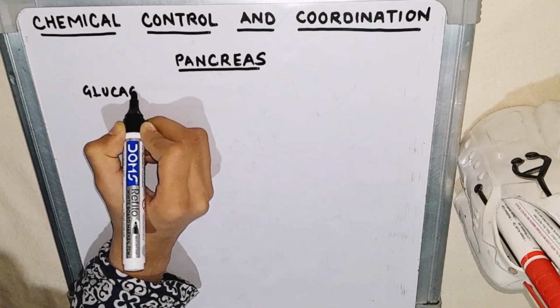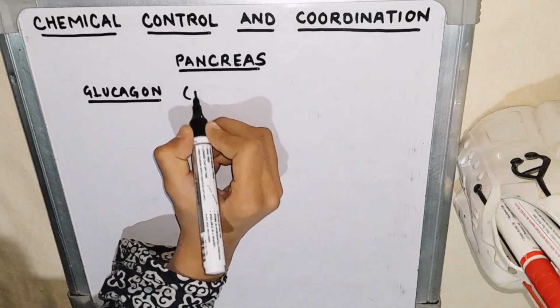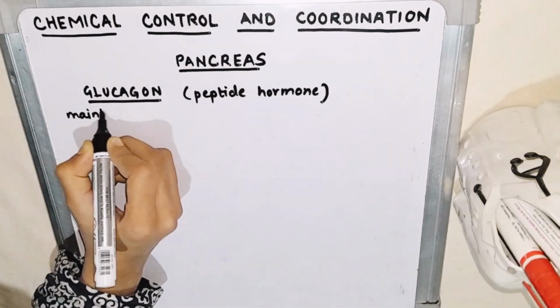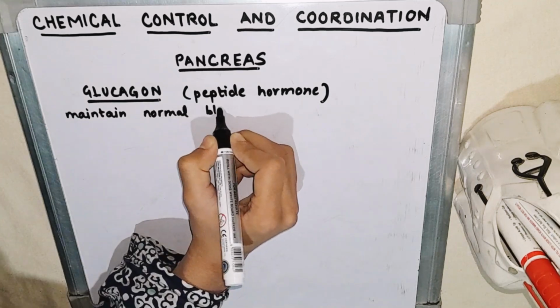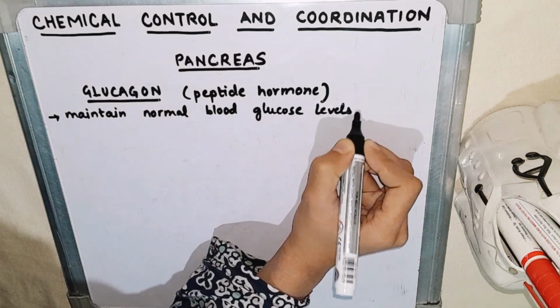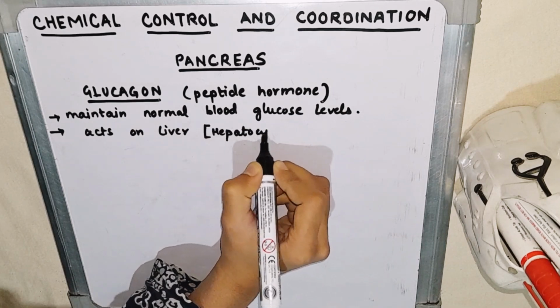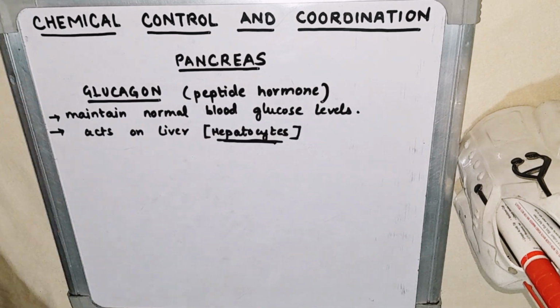Let's discuss in detail about glucagon. Glucagon is a peptide hormone which is used to maintain the normal blood glucose level of our body. It acts on the liver, mainly on hepatocyte cells.